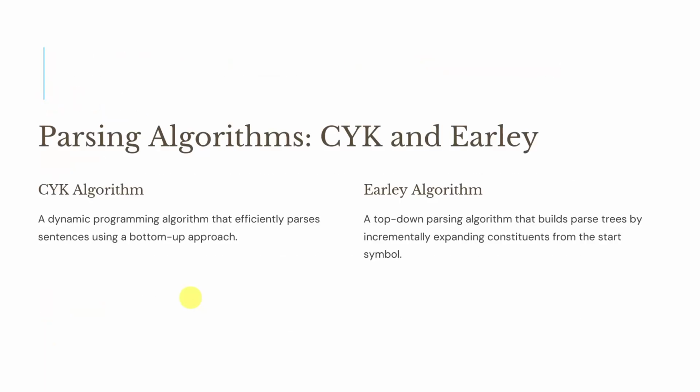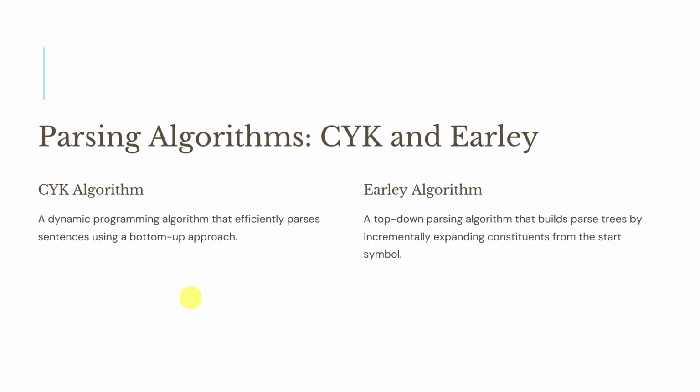As parsing algorithms, we use the CYK algorithm and the Earley algorithm. The CYK algorithm is a dynamic programming algorithm that efficiently parses the sentence by using a bottom-up approach, and the Earley algorithm is a top-down parsing algorithm that builds the parse trees by incrementally expanding constituents from the start symbol.